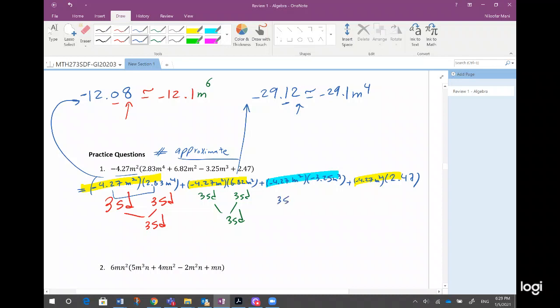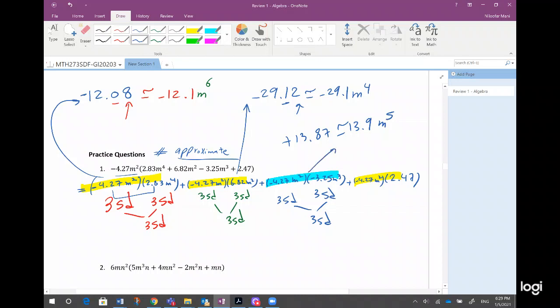Again 3 significant digits, so I round to 3 significant digits. What is the answer? 4.27 multiplied by 3.25 is 13.88, so it's plus, which is almost 13.9 m power 5.